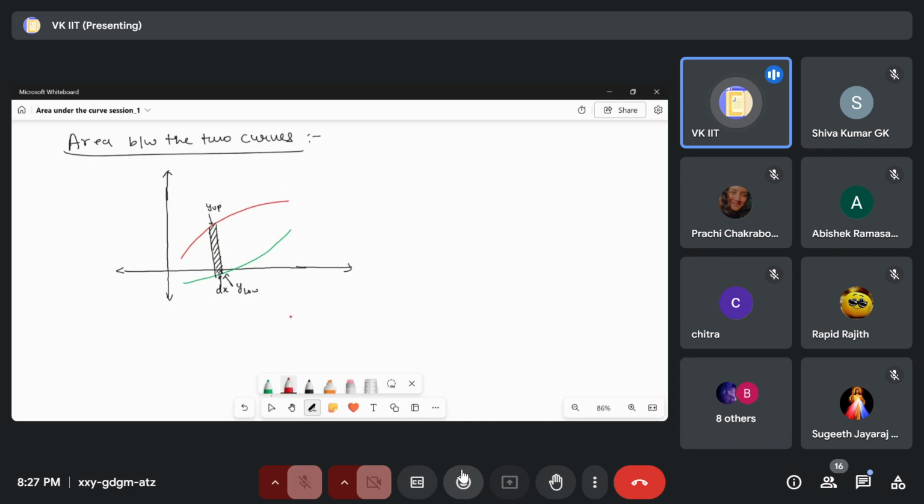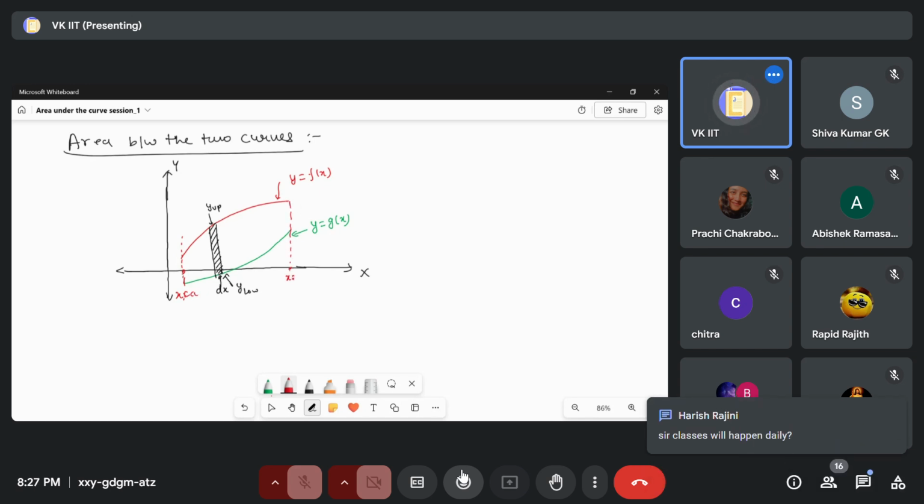This red curve is given with y is equal to f(x), and this green one with y is equal to g(x). These are your x and y axis as usual. Now they are asking you to find the area, and let's say they give you the limits also: this is x is equal to a, and this is x is equal to b.